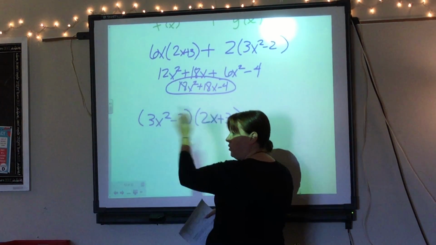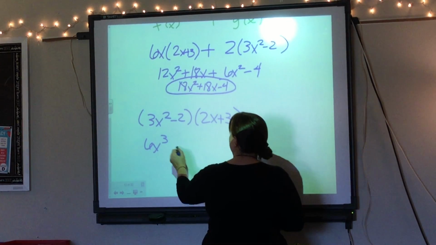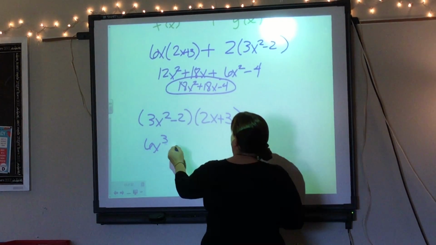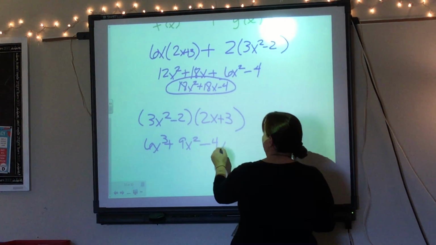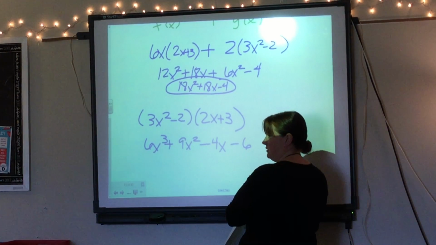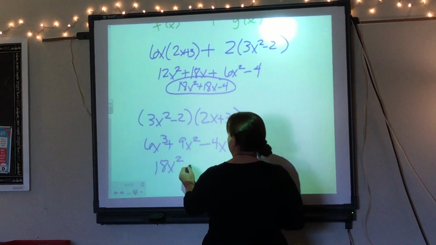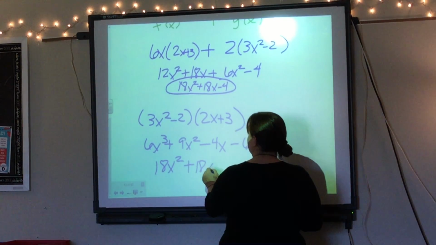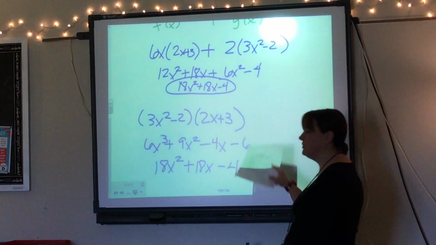We FOIL the whole thing out. We get 6x cubed plus 9x squared minus 4x minus 6. Did I do it all right? Okay, and then the derivative is 18x squared plus 18x minus 4. See how we got the same thing?